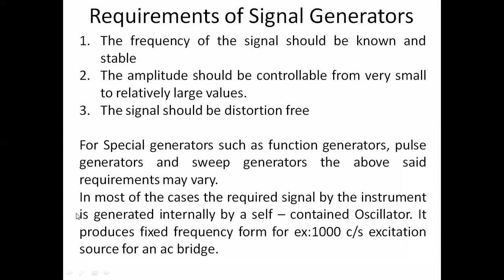Generally, it produces a fixed frequency of 1000 cycles per second, cycles per second being frequency, as an excitation source for an AC bridge. So it is a fixed value, from a self-contained oscillator.